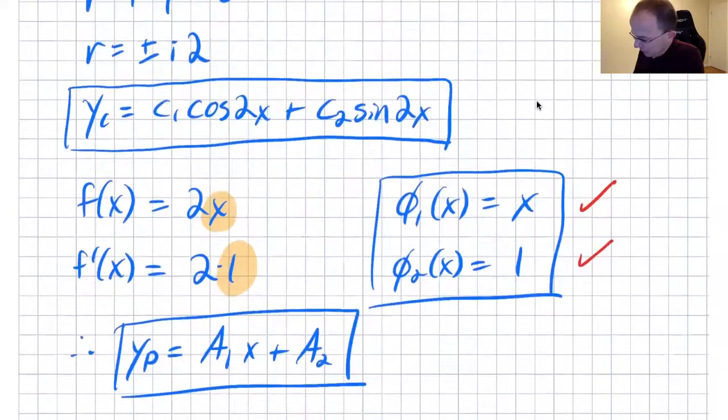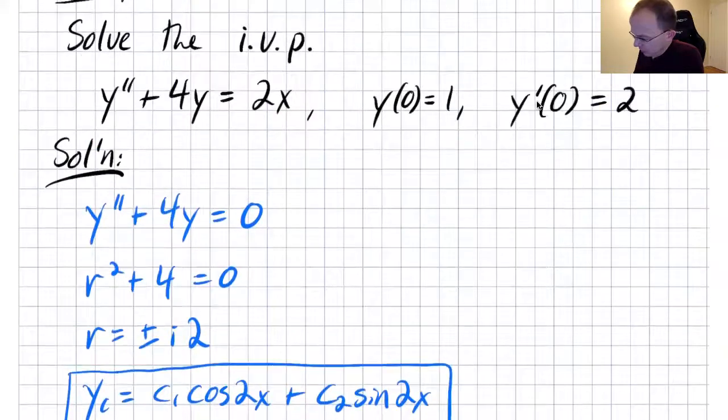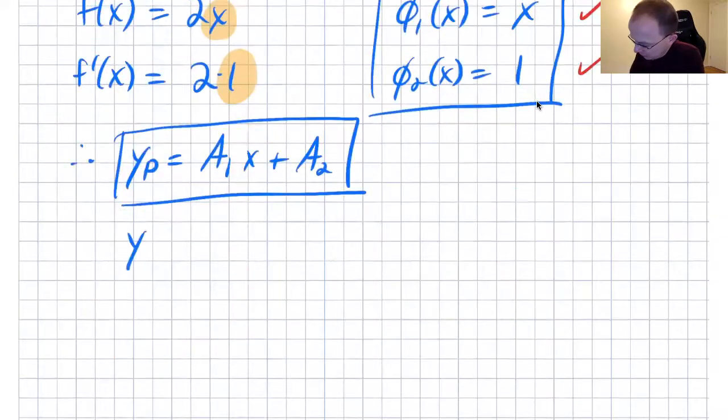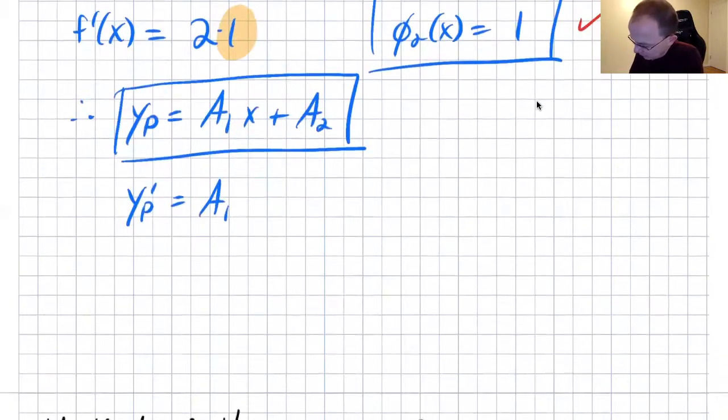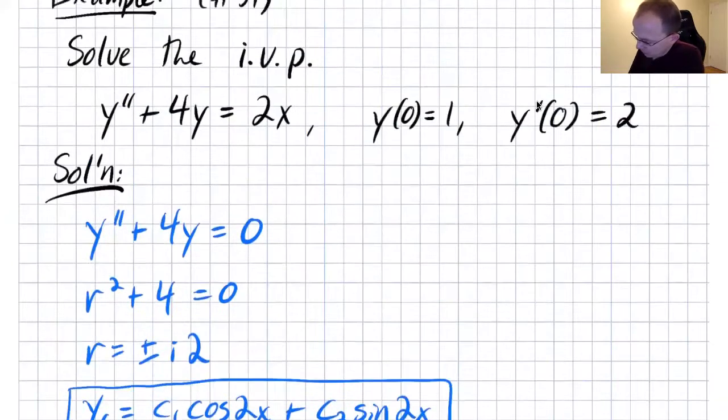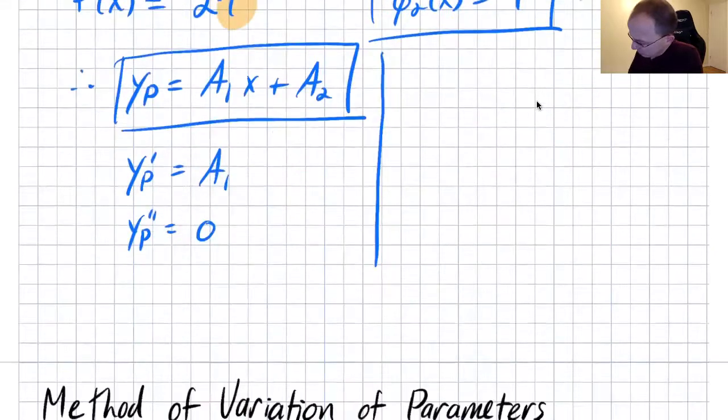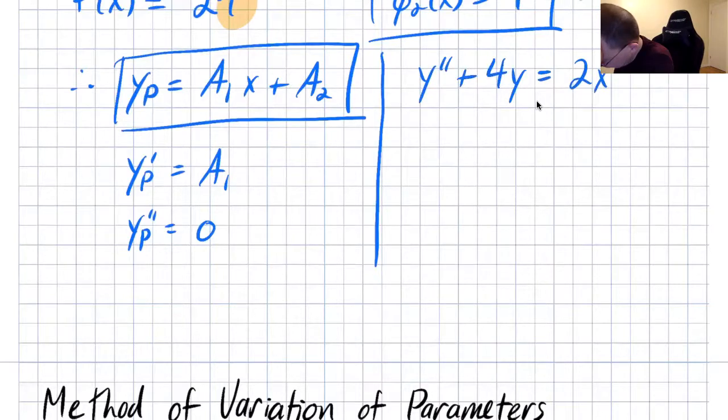We need to substitute that into this differential equation here. So we'll take the derivative, and we'll take the second derivative. And then we'll take our differential equation, put it right here. So we're going to substitute our particular solution into this differential equation.